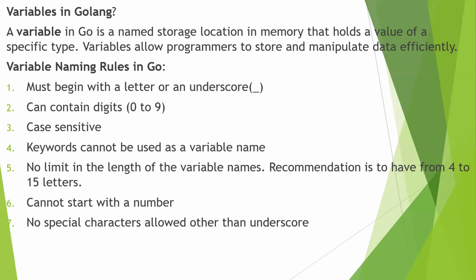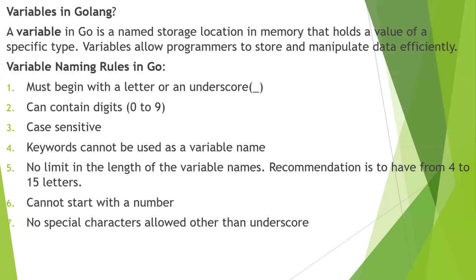And there is no specific limit on the length of variable names in Golang, but it is recommended to have a limit of 4 to 15 letters at the maximum. That doesn't mean you should not exceed 15. It can be exceeded, but a standard recommendation for a programming language will be provided, and as part of that, we have the recommendation of 4 to 15 letters.